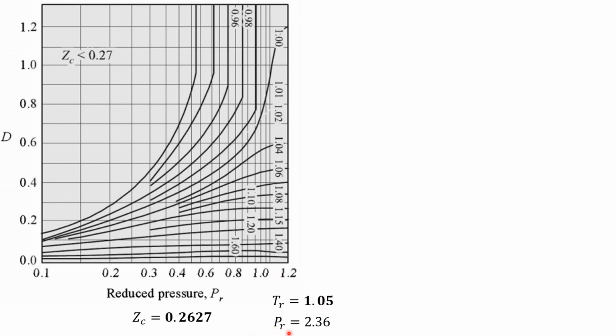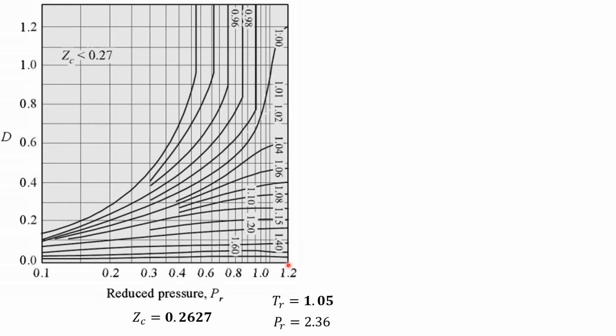So first we will identify the PR on this curve. This axis corresponds to PR. This PR goes up to 1.2 and we need to see the value of PR equal to 2.36.